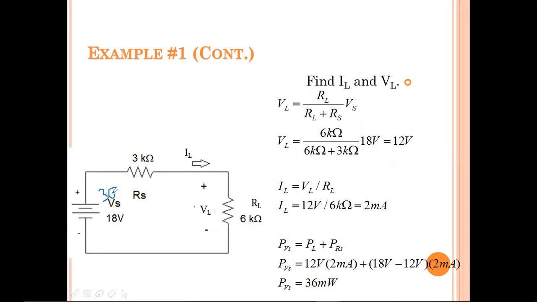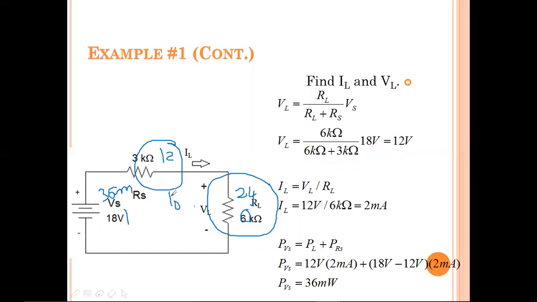This power is divided like this: 24 here at the output and 12 here. The 12 milliwatts of power is wasted in the form of losses. This power is not utilized, but the utilized power is 24. This is the input power, this is the output power, this is the loss.